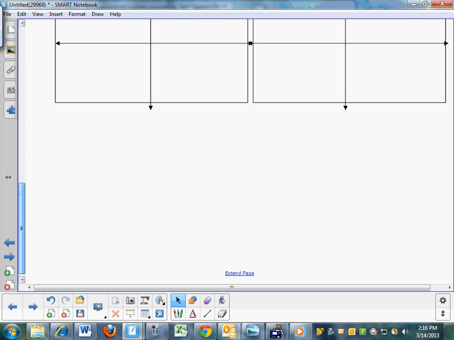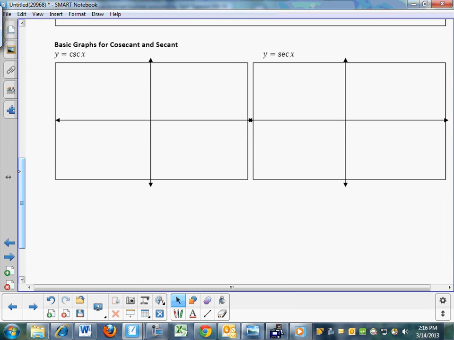Let's see. Basic graphs for cosecant and secant. Here's what you do. Okay, we're going to practice this. Instead of graphing y equals cosecant, I graph y equals sine. That's why I said you can't do these problems unless you learn how to graph sine and cosine. So we're going to start by graphing that. What's the amplitude? 1.